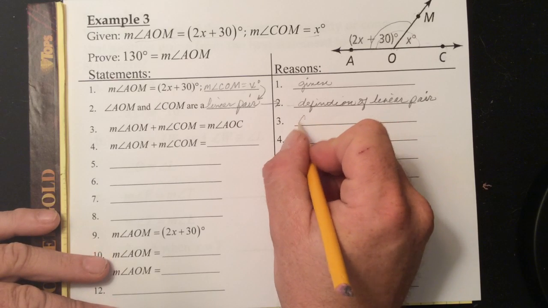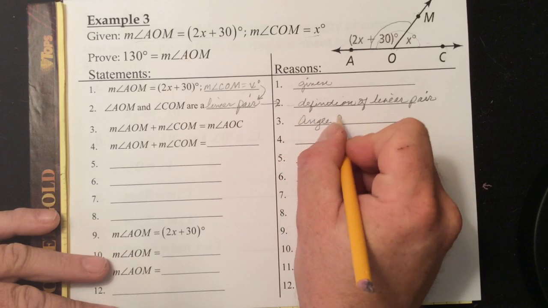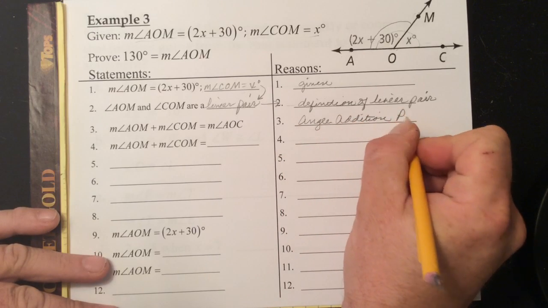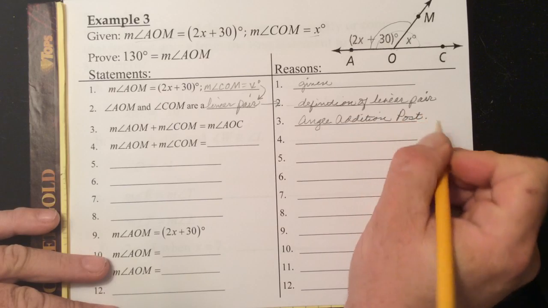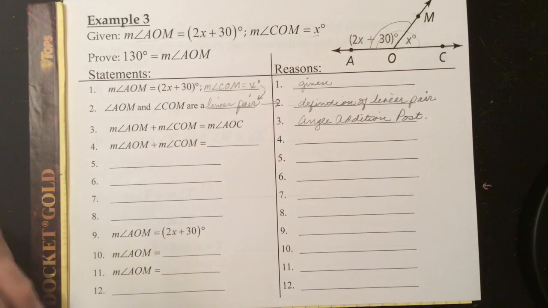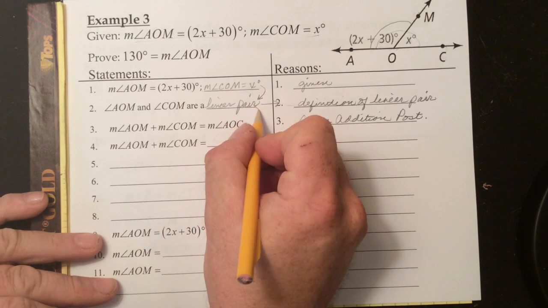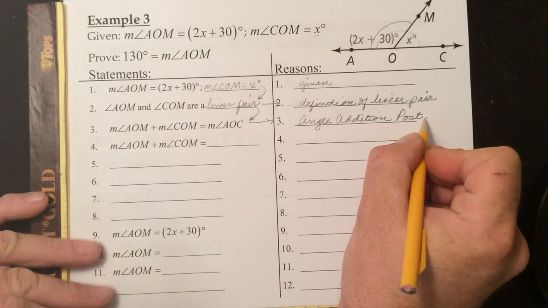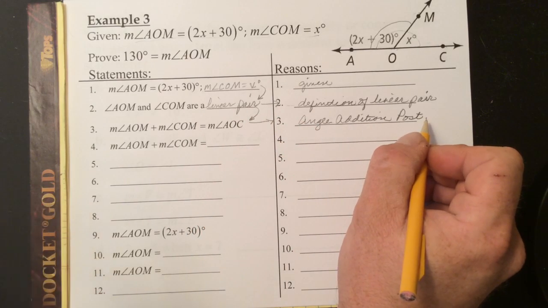It's a postulate. The angle addition postulate. Because that postulate tells us that we can add angle measures that are adjacent to each other and get the sum, which would be the measure of the entire angle. So we know that's a linear pair. Now we use the angle addition postulate.